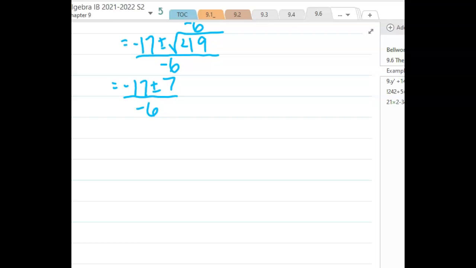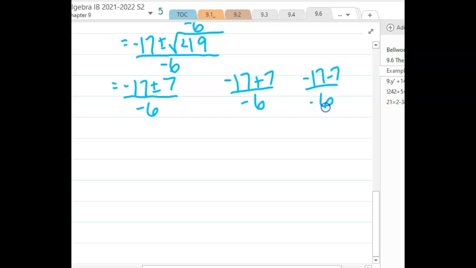Now, once you get to this step, this is where you break it apart into your two answers. We have negative 17 plus 7 over negative 6, and we have negative 17 minus 7 over negative 6. Negative 17 plus 7 is negative 10. When you do negative 10 over a negative 6, a negative over a negative is a positive. And this is where it would be better, instead of turning it to a decimal, because this would be a repeating decimal, to just reduce this as a fraction.